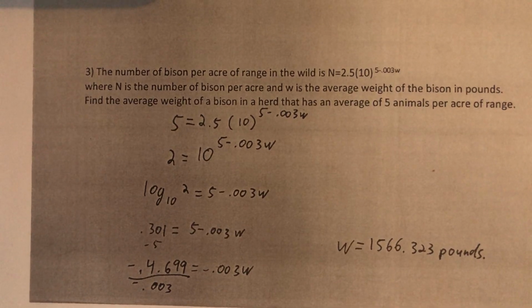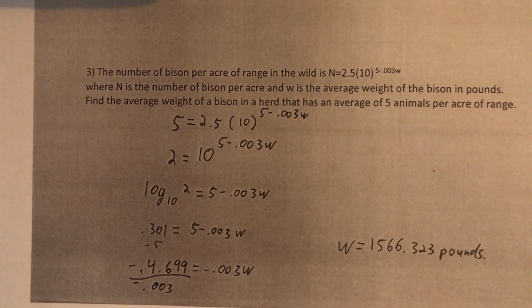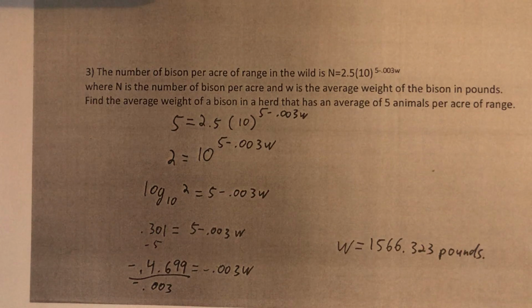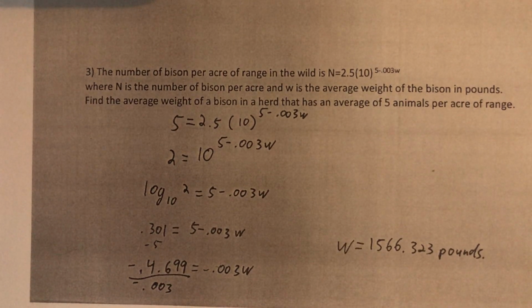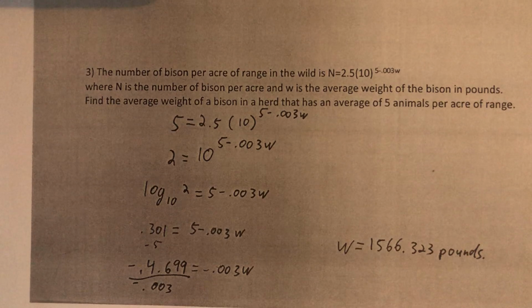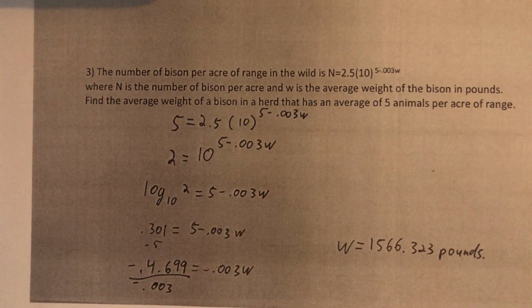All right, number 3. We have bison. Number of bison per acre in the wild is given. If there are 5 animals per acre, what is the average weight of the bison? So this is one of those cases where when I was teaching high school, I had the 10 commandments of math.